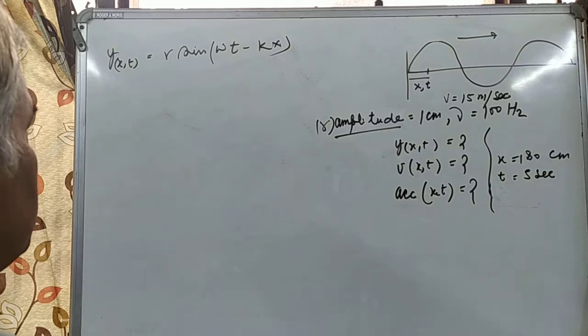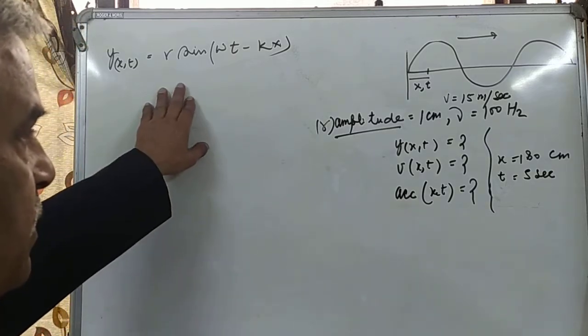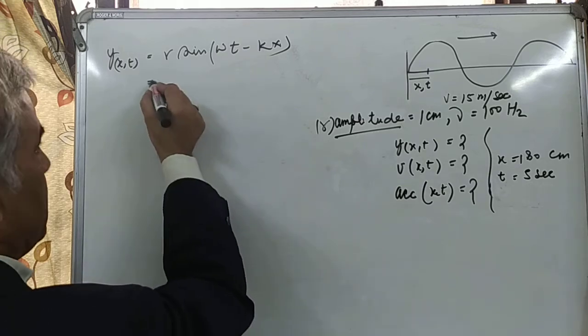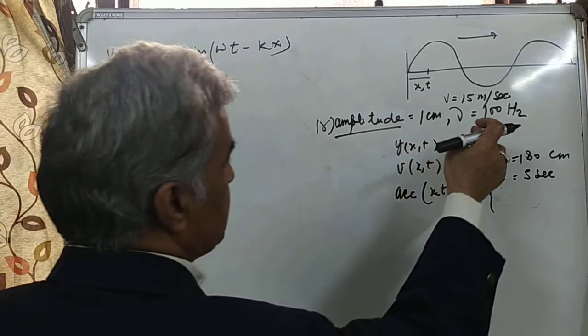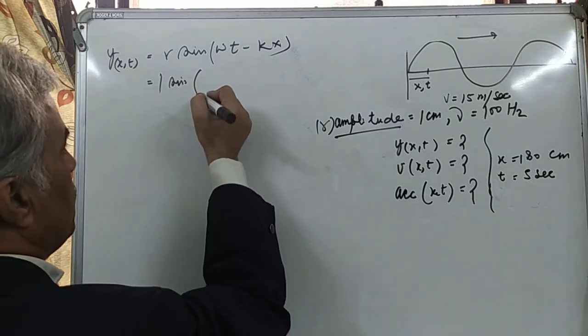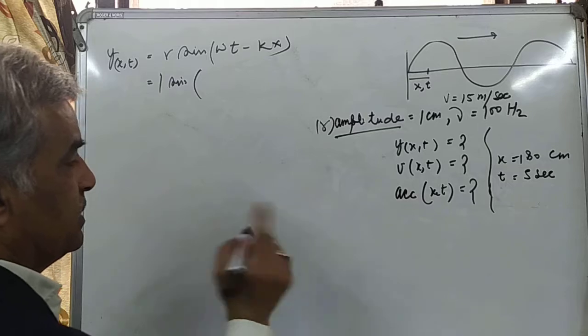Now substitute the values. The amplitude r is 1 centimeter, so 1 times sin(omega t minus kx).